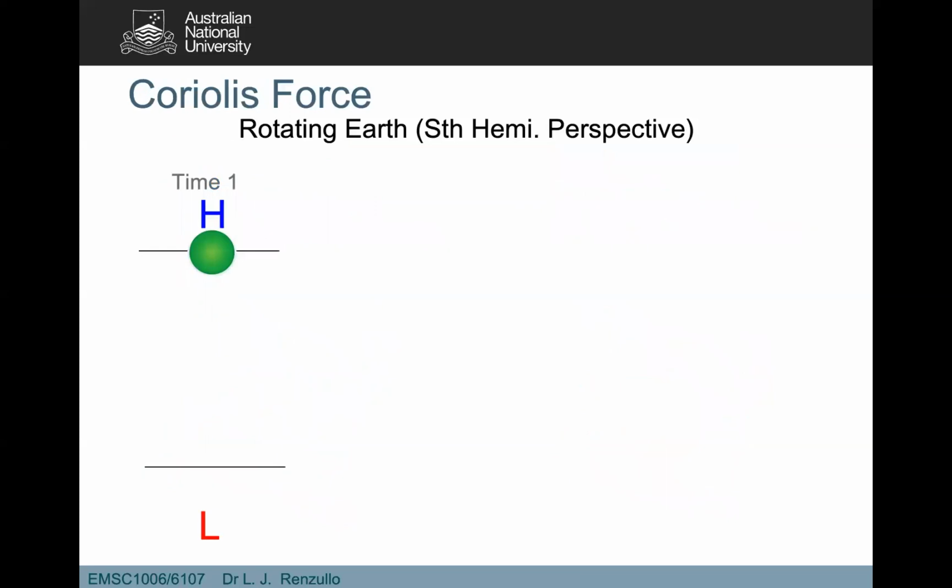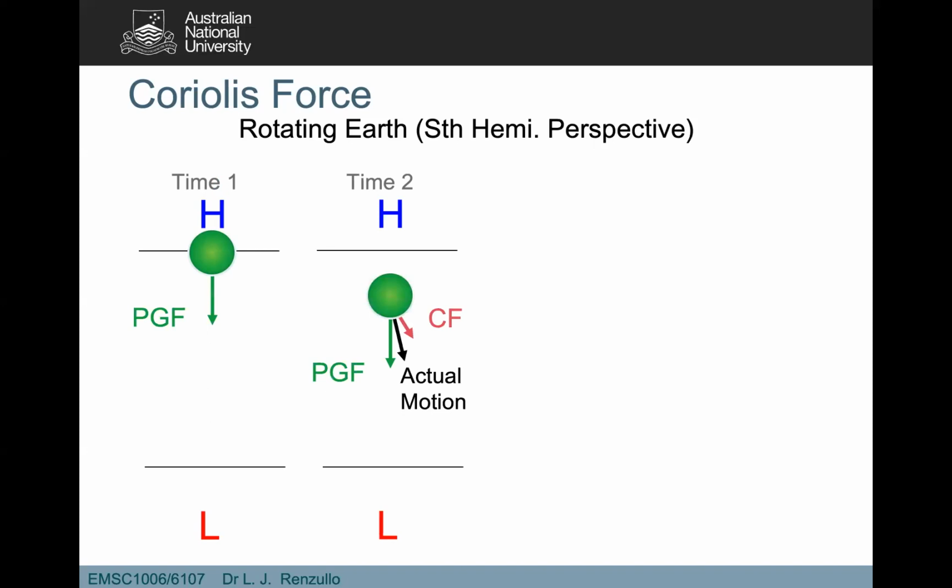And so let's talk about this equalization of pressure between Coriolis and pressure gradient. Here we have a parcel of air starting off in a region of high pressure. As it starts its journey towards equalization, it moves through pressure gradient force. But because we're on a rotating sphere, in this case a southern hemisphere depiction, the actual motion is deflected to the left because of Coriolis.